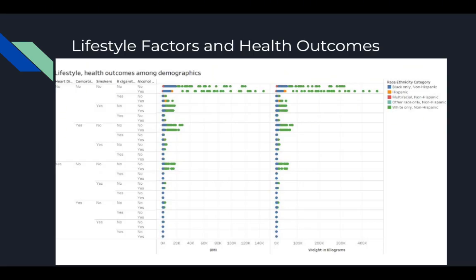In this visualization, each row represents a combination of the yes and no conditions of health and lifestyle attributes. And the spread of the dots along the BMI and weight scales could be used to infer the prevalence of these attributes in different BMI and weight categories.